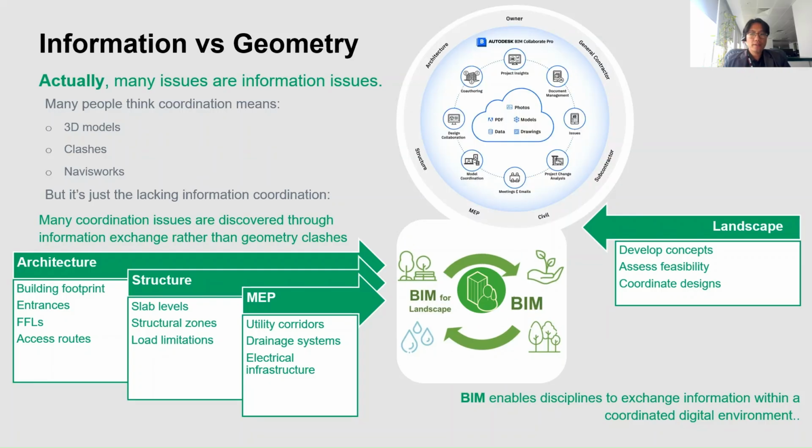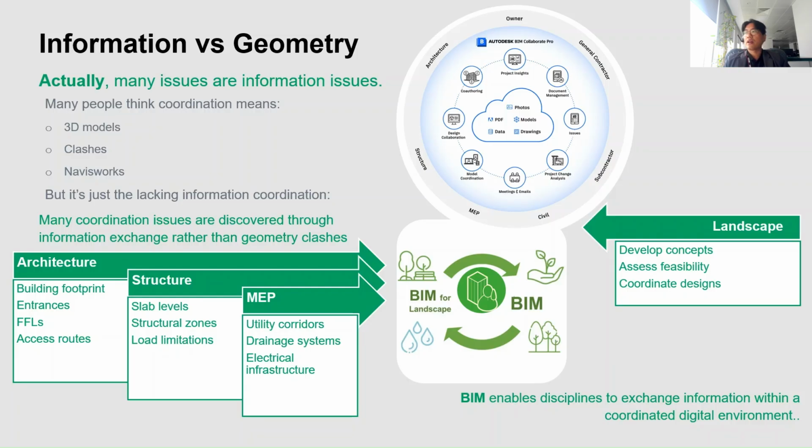So in general, we can say the landscape is going to work with a lot of information from multiple different disciplines, and also feed back to those disciplines the landscape design information to help them coordinate well. This process of exchanging information can happen many times, repeatedly.